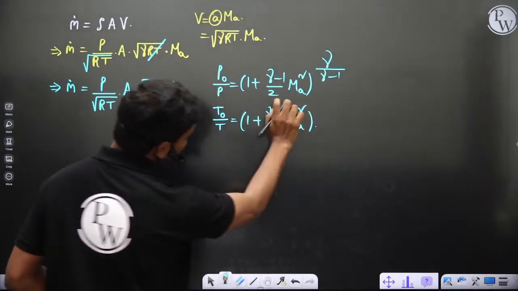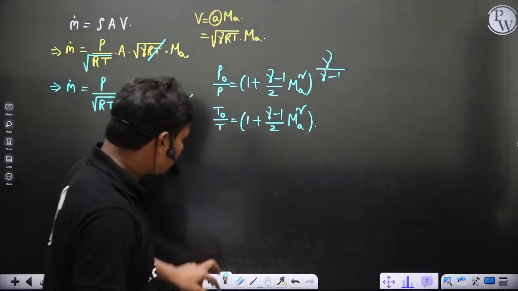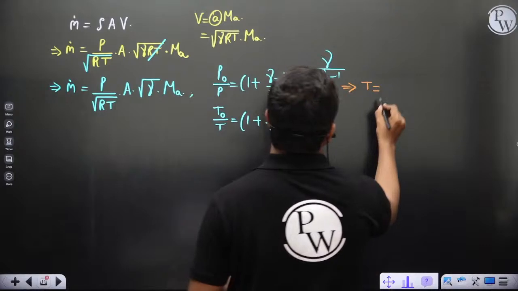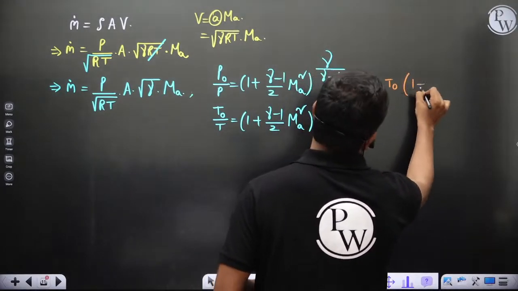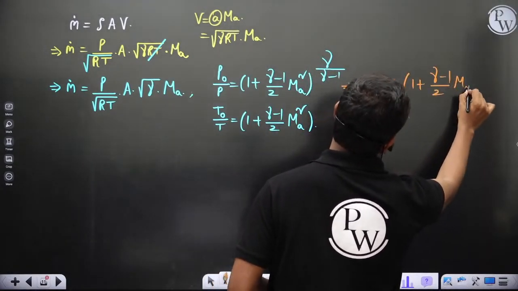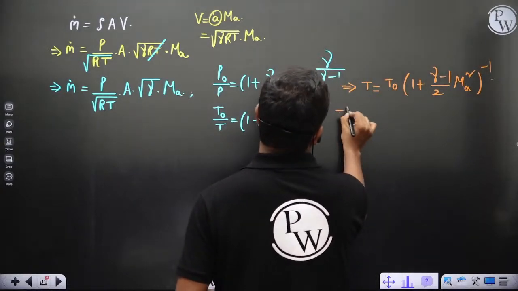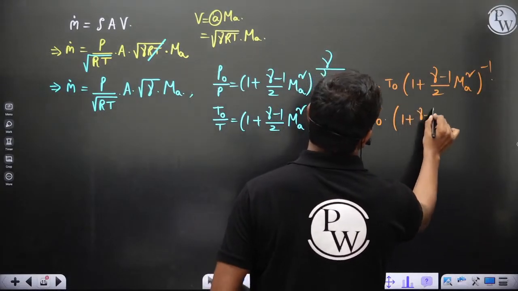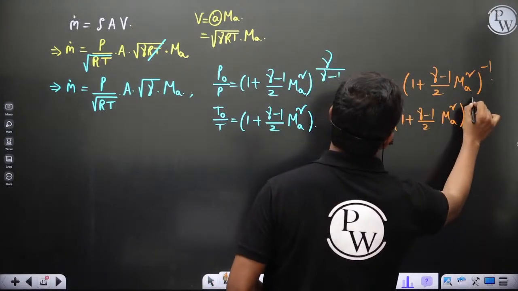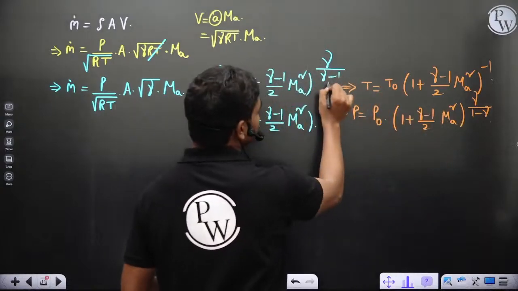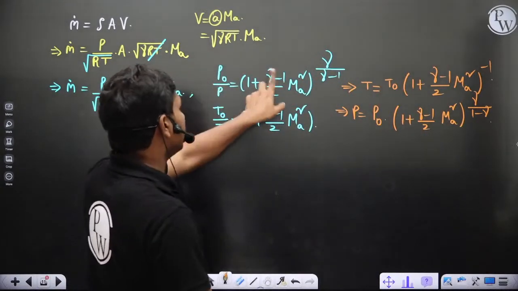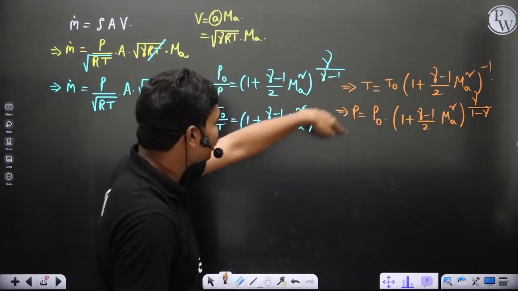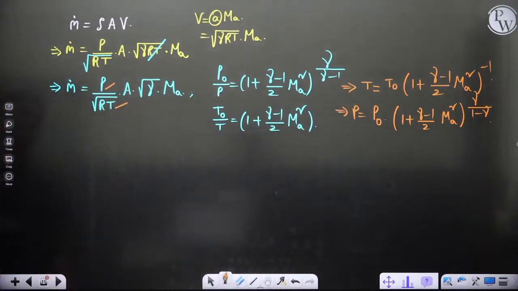So these two quantities give T equal to T naught into (1 + (gamma minus 1)/2 Mach square) whole power minus 1, and P equal to P naught times (1 + (gamma minus 1)/2 Mach square) whole power gamma upon 1 minus gamma, because when you bring this quantity over, gamma minus 1 is replaced with 1 minus gamma. Now substitute these two in place of P and T and see what you have.